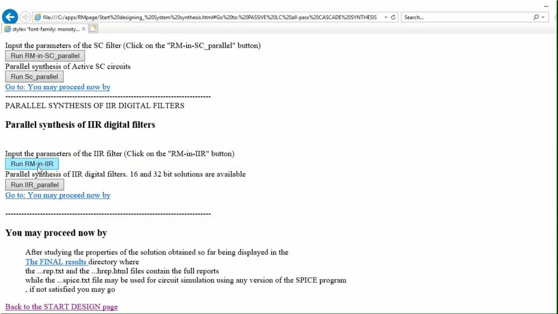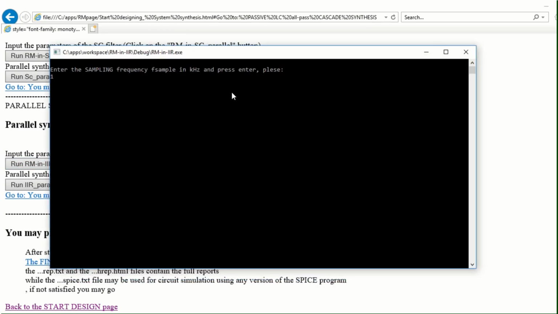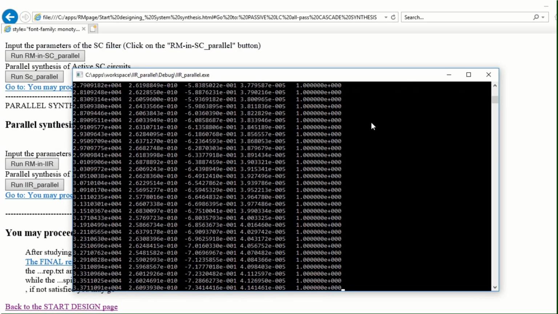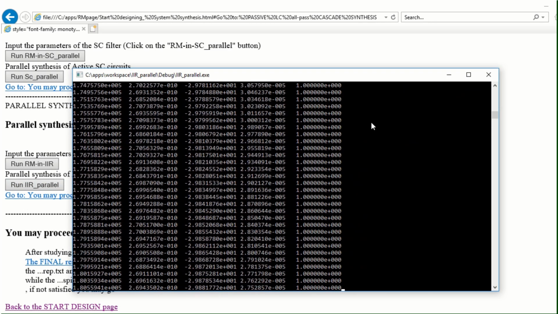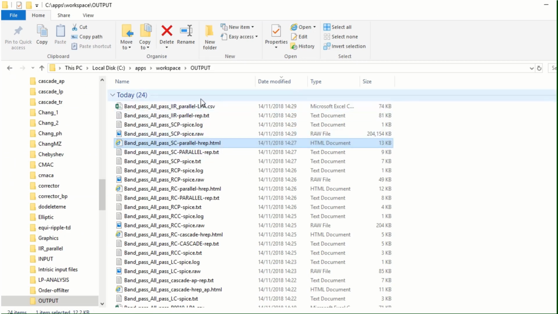Now we will go for the digital. The sampling frequency will be 10 megahertz. And we may proceed with the synthesis. Since there is no SPICE file, we will look to the CSV file.